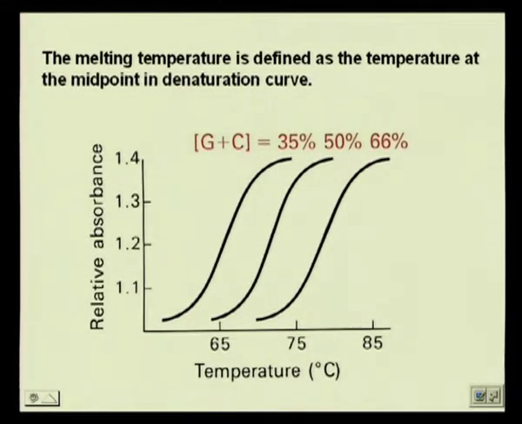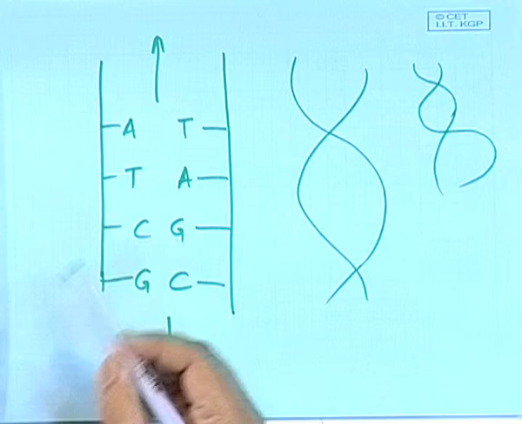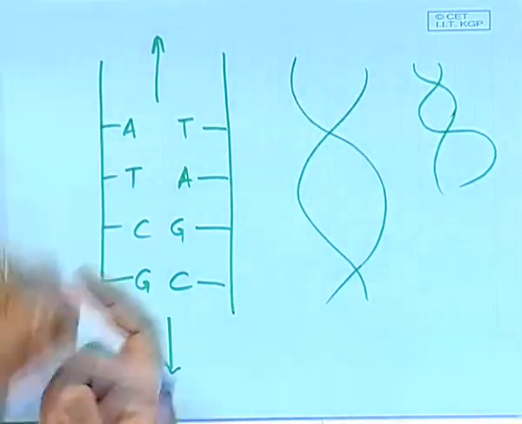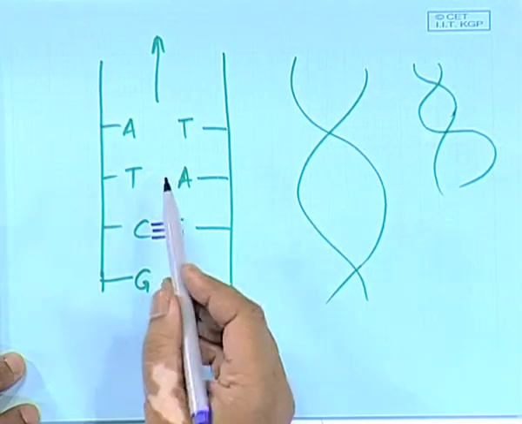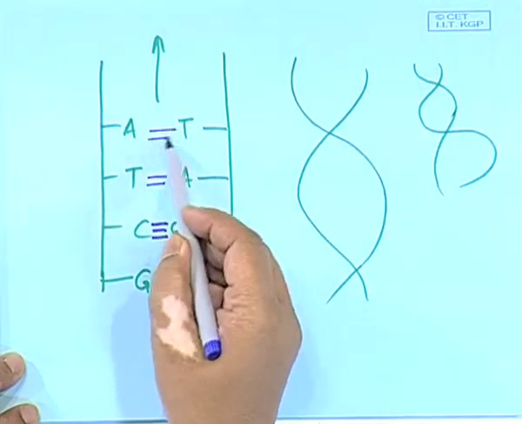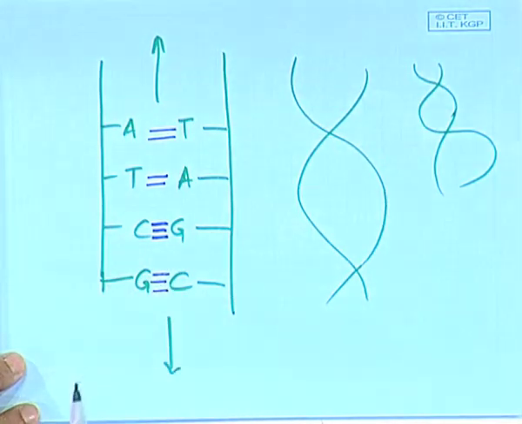Why? What happens in the GC pairing? Yes, in the GC pairing, I have triple bonds. I have double bonds in my AT pairing. So, the higher amount of GC that I have, it is going to be more difficult for me to separate the strands. So, the melting temperature is going to be higher.